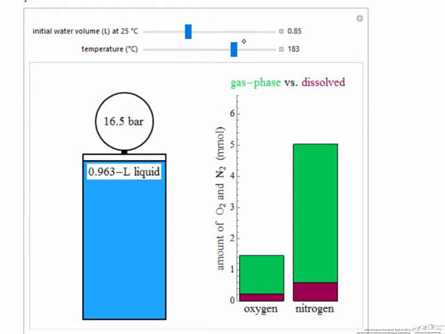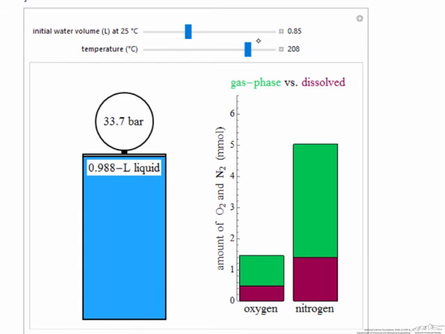And so just from the ideal gas law, the pressure of that gas is increased. Now, it hasn't increased as much as it would if there was not some of the gas dissolving. So you notice the fraction dissolved has increased because the pressure is higher in Henry's law. As I get to very high pressures and very little gas volume, notice now a significant fraction of the oxygen and nitrogen are dissolved.